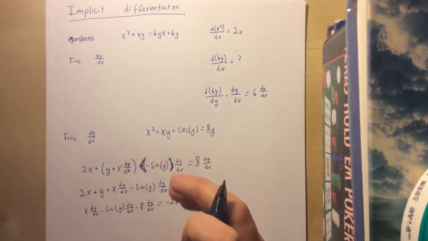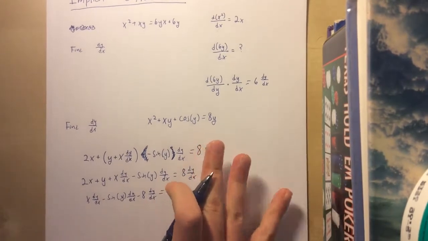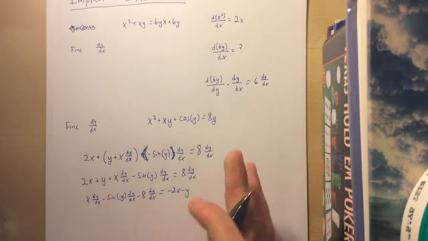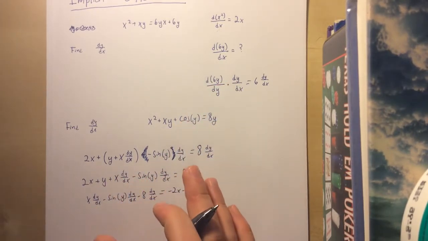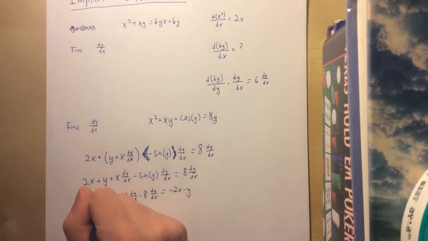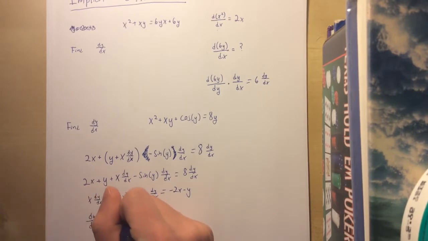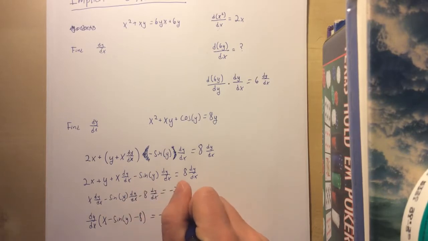And this method that I'm doing right now, you can pretty much use it for every implicit differentiation question, which is taking the derivative, moving all the dy dx's to one side, all the non-dy dx's to the other side. Then what we're going to do is factor out the dy dx, and we get an x minus sine y minus 8 equals negative 2x minus y.